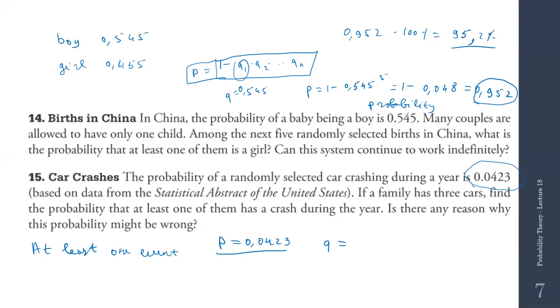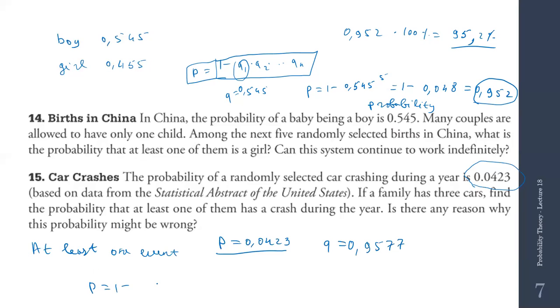As you may see here, 1 minus 0.0423 gives us 0.9577. Now we need to use the formula.